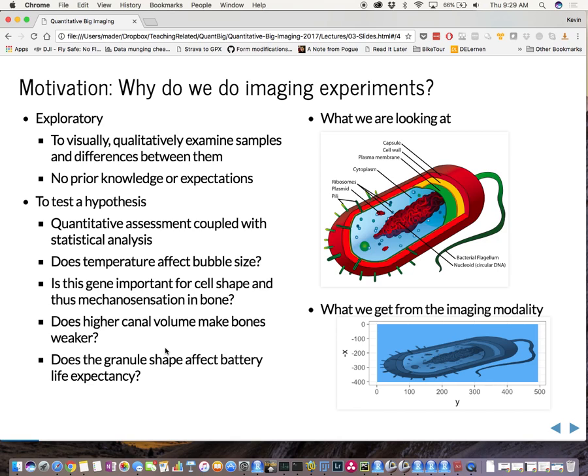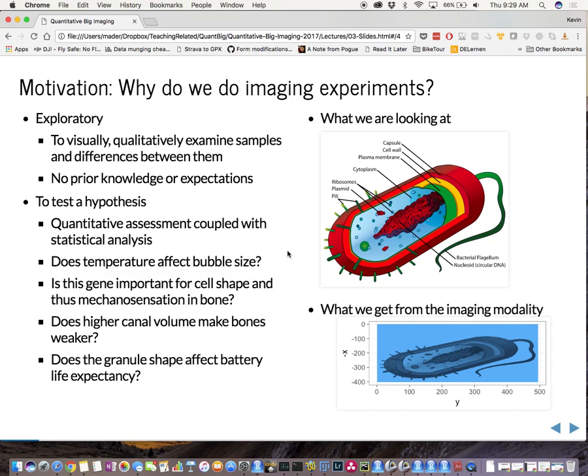And if you say, the ones with the long lifespan look like this, and the ones with the short lifespan look like that, that's a starting point, but that's still very much in the exploratory area until you can really say it needs to have an anisotropy factor of 1.5 or higher. You can't really have a clear hypothesis that you can statistically test easily.